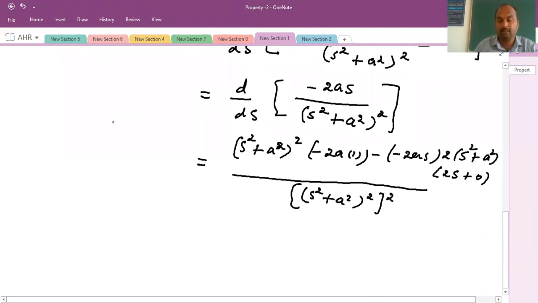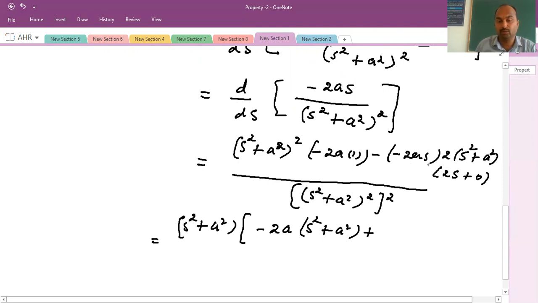Now in the numerator s square plus a square is common, so I'll take this as common. Remaining will be here minus 2a into this. So what happens? Minus 2a into s square plus a square. Here in the second term, minus into minus plus 2a and here one more 2 and here 2.